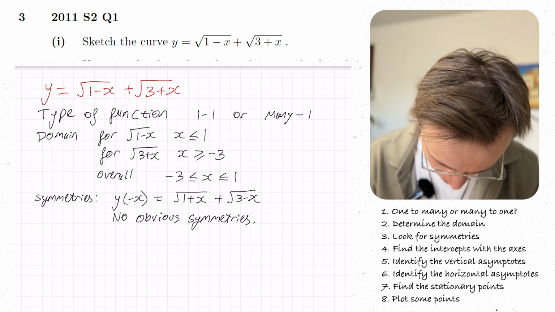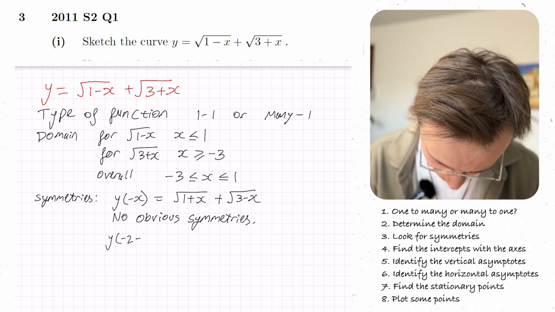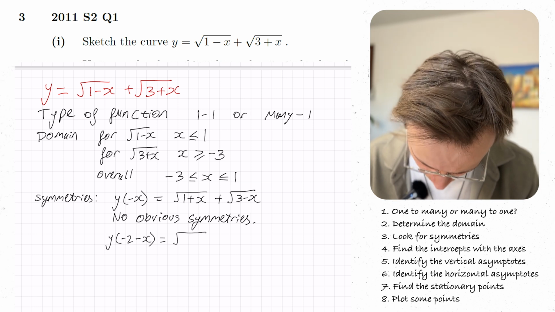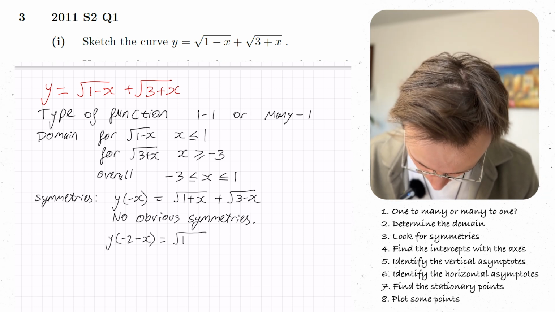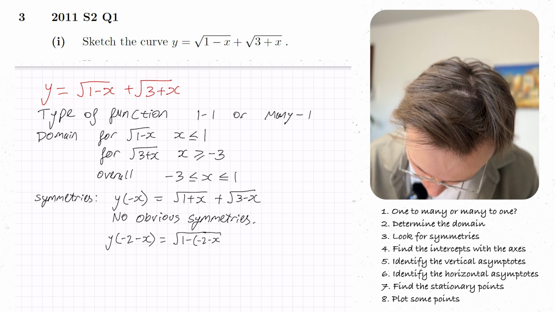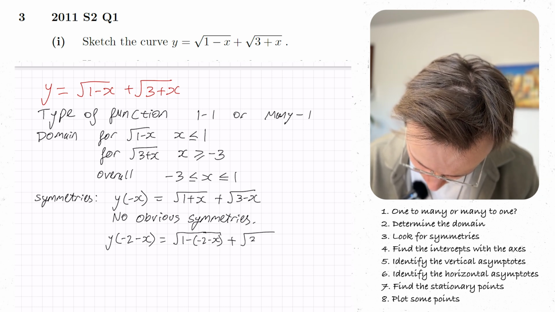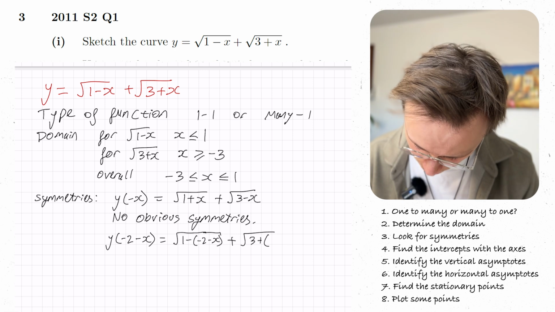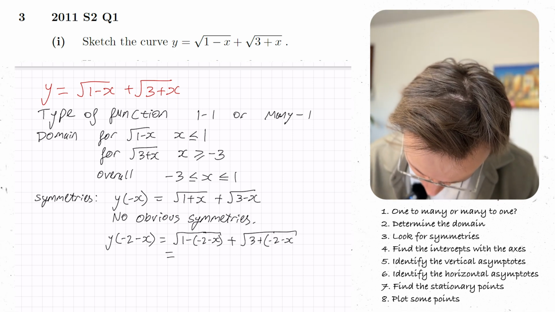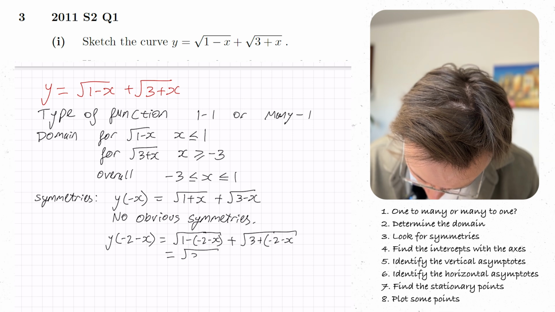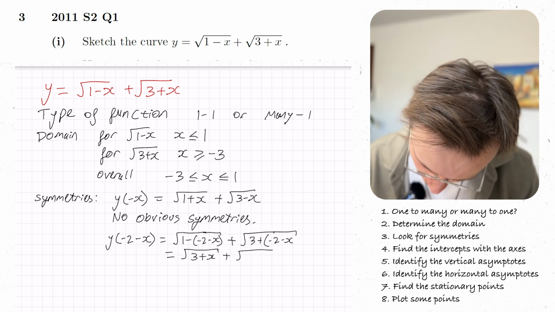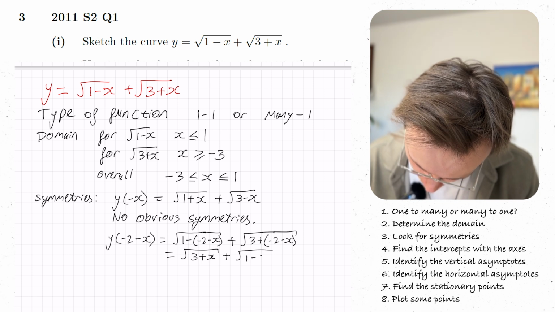However, we don't need to do this for this question, but you can actually see a symmetry elsewhere. If I instead look at y of minus 2 minus x, that's equal to the square root of 1 minus (minus 2 minus x) plus the square root of 3 plus (minus 2 minus x), which after changing looks like the square root of 3 plus x plus the square root of 1 minus x.